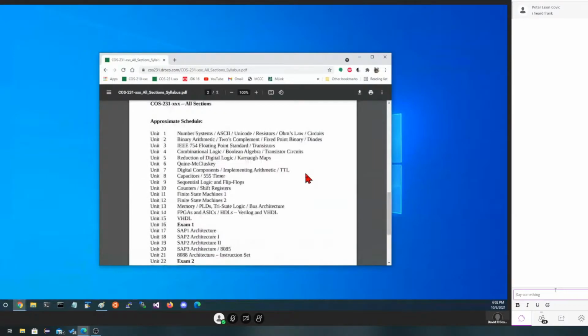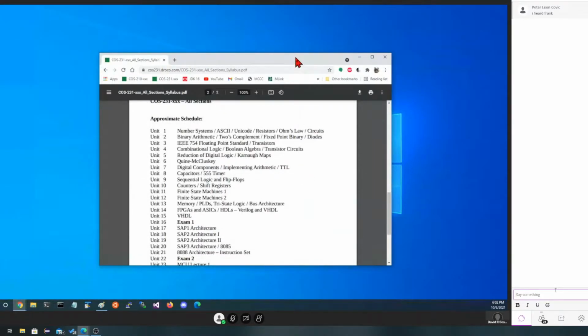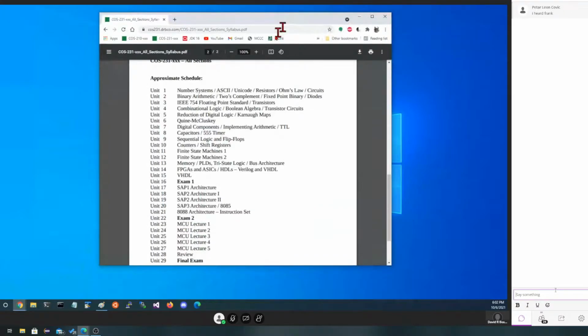syllabus tells me that we are roughly here at sequential logic and flip-flops. We've been moving along about 1 unit per class.